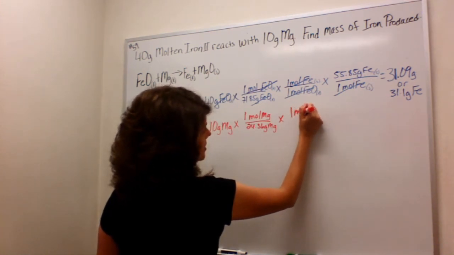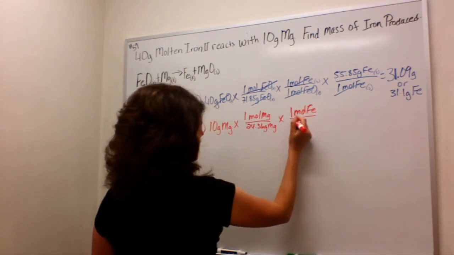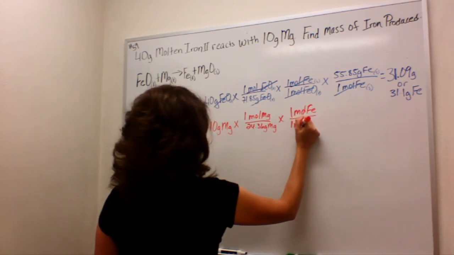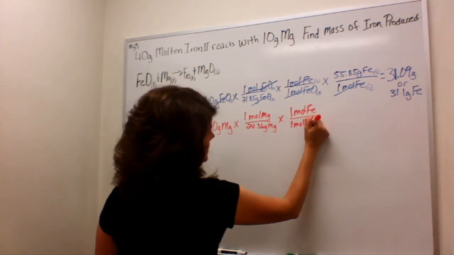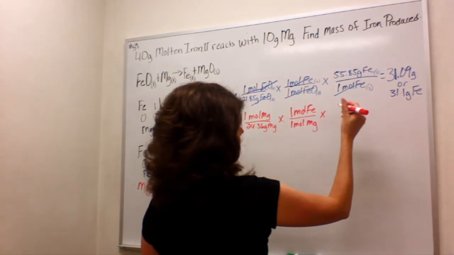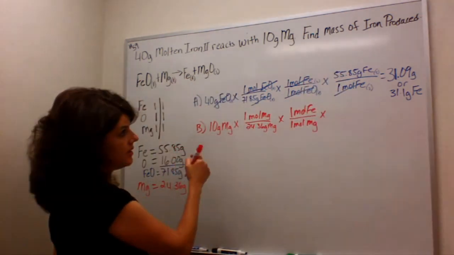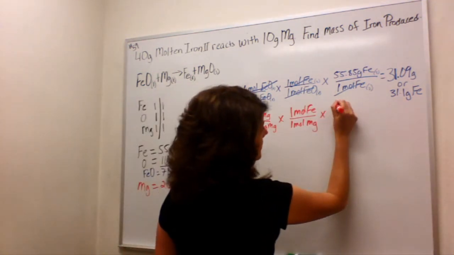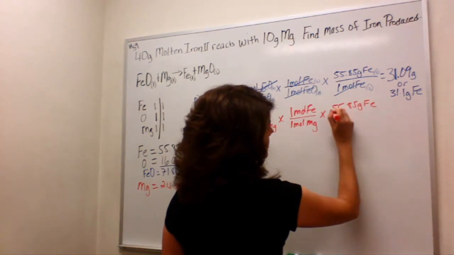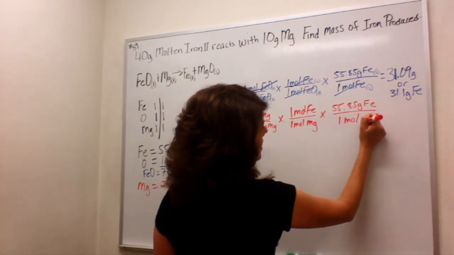And next we're going to bring in our iron and our magnesium. And our iron, which we have from up here, which again we found in the beginning, is 55.85 grams of iron, all over 1 mole of iron.